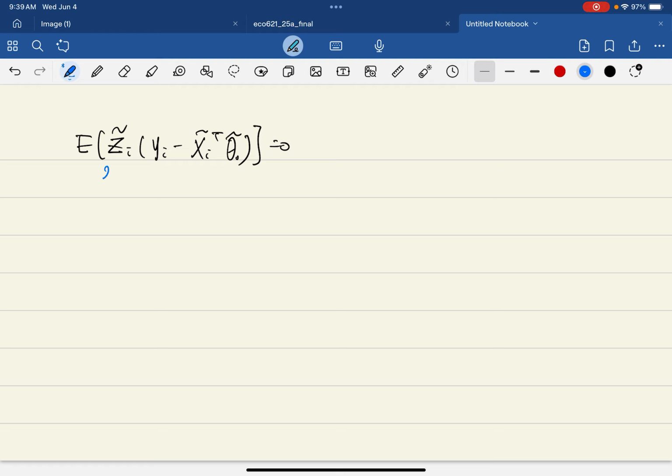Z tilde is 2 by 1, Y is 1 by 1, X tilde is 2 by 1, but after transposition it's 1 by 2, so it's 2 by 1. The dimension matches. 0 should be a 2 by 1 vector. And then again, for identification, we need the condition that the expectation of Zi tilde times Xi tilde transpose must be invertible.